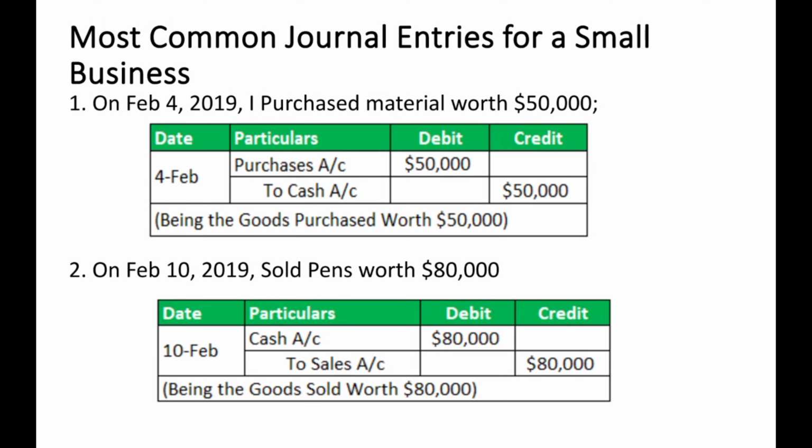The asset comes in and the cash goes out. So the transaction is purchase account debit to cash account. The narration is: being goods purchased worth $50,000.